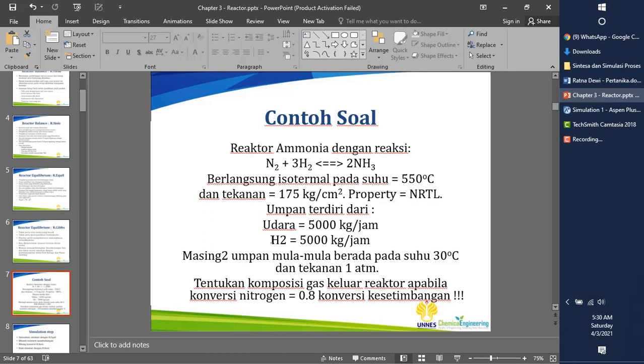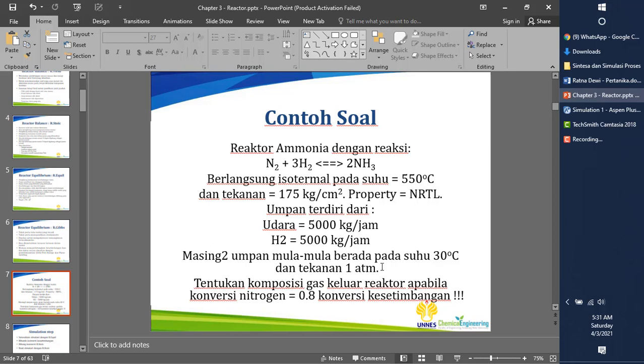The air is 5,000 kilogram per hour, so you have to specify your air into oxygen and nitrogen, so we can get the nitrogen from the air. Each feed condition is at room temperature, 30 degrees C and 1 atm.